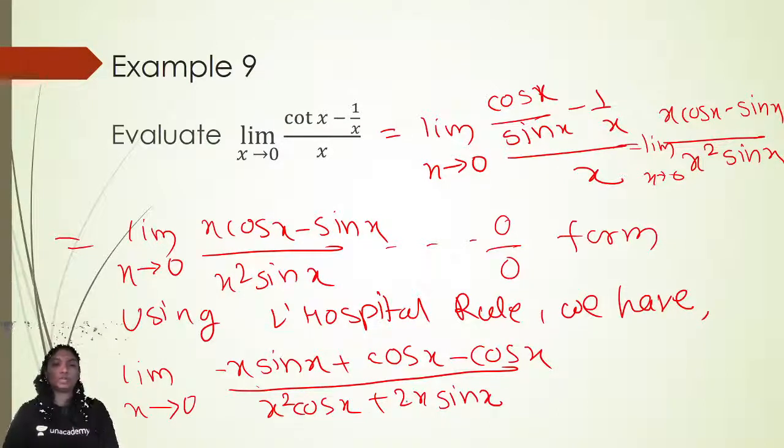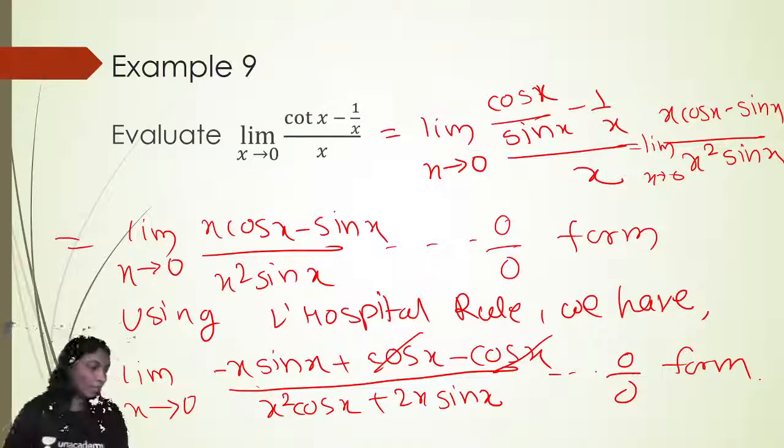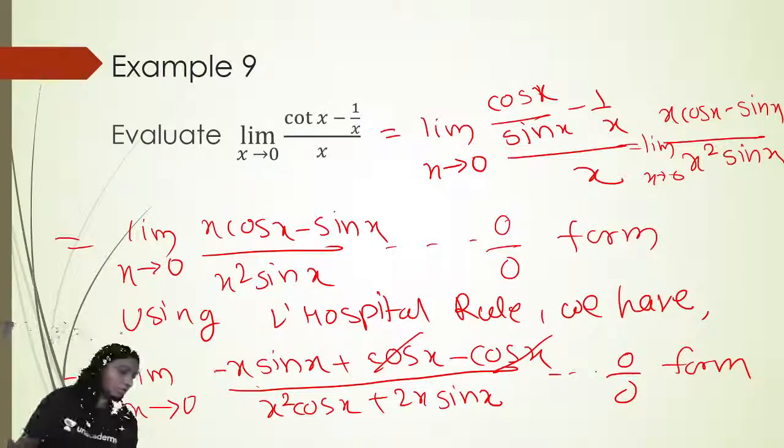Now x cos x and minus cos x get cancelled out. Now use x tends to 0. Again you will get 0 upon 0 form.